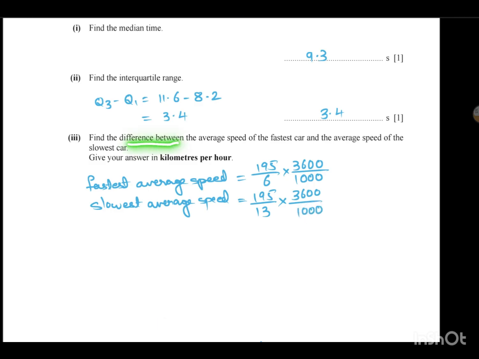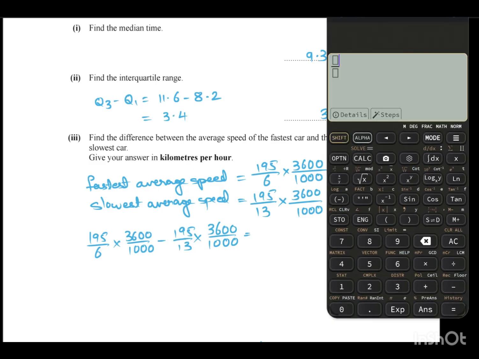Since they have asked the difference, we have to subtract. 195 by 6 into 3600 by 1000 minus 195 by 13 into 3600 by 1000 is equal to 63.